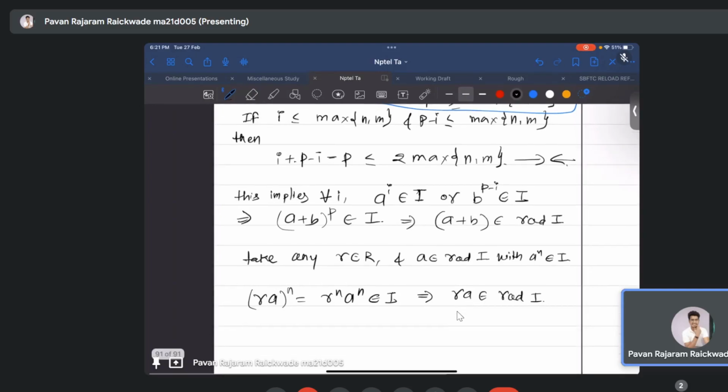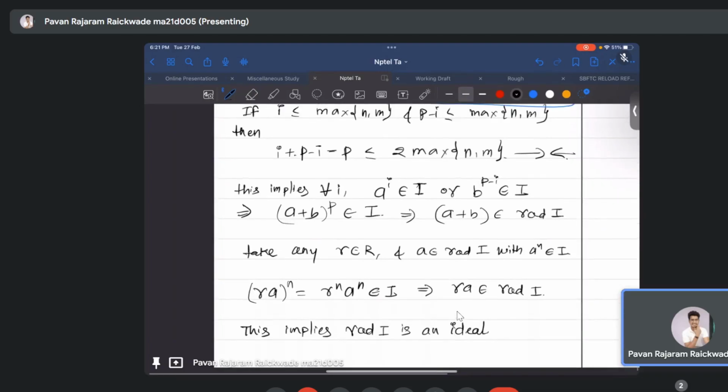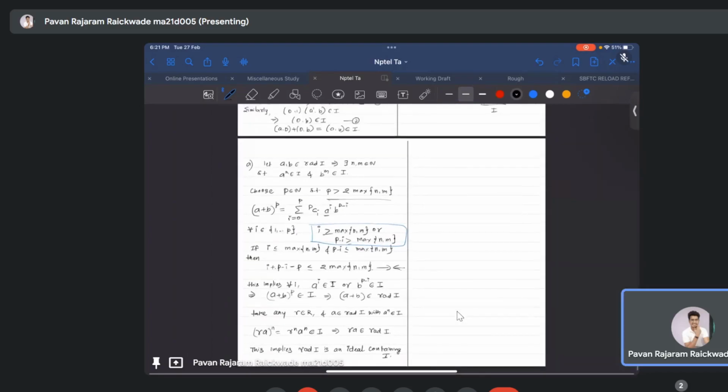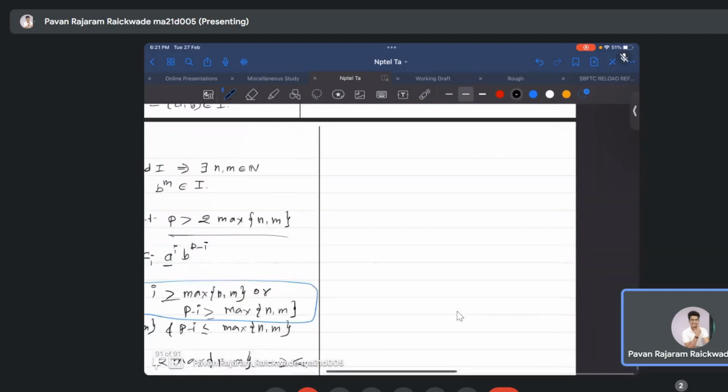This implies rad I is an ideal containing I, because of course any element of I is there in rad I, since a^1 is in I. So I have shown that rad I is an ideal containing I.